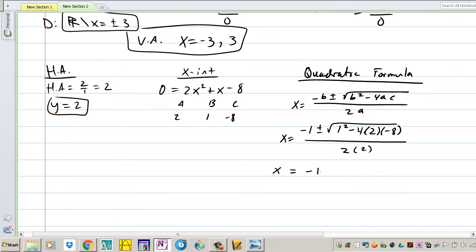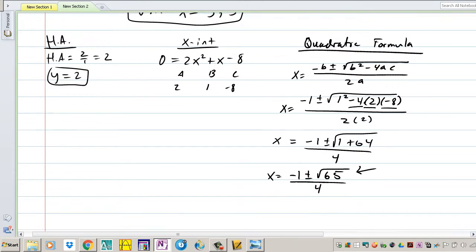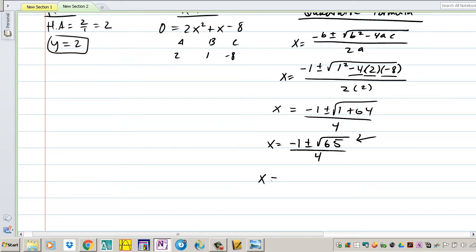So that's going to be negative 1 plus or minus, negative 4 times 2 is negative 8, times a negative 8 is a positive 64, so it's going to be 1 plus 64 all over 4. Negative 1 plus or minus square root of 65, and now you see why you cannot factor, because 65 is not a perfect square.